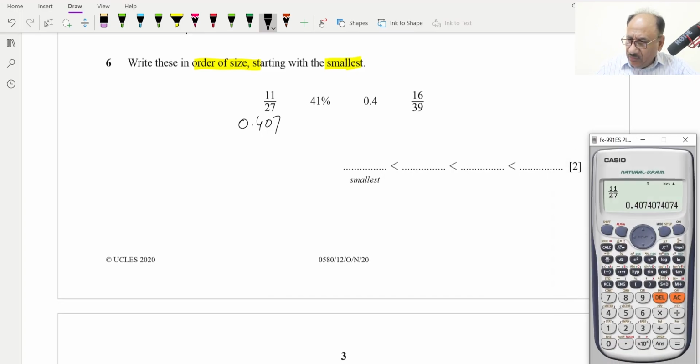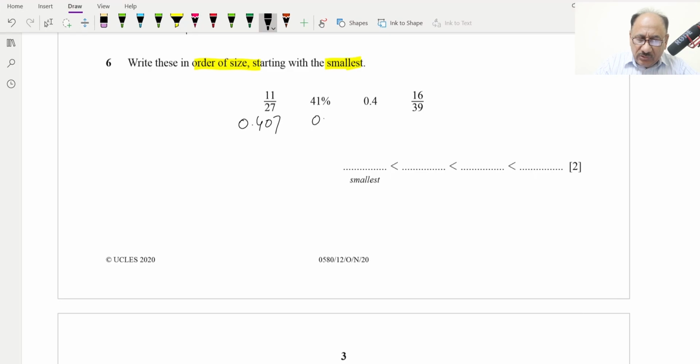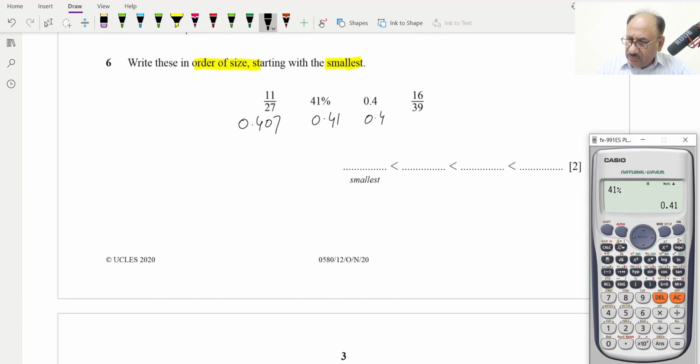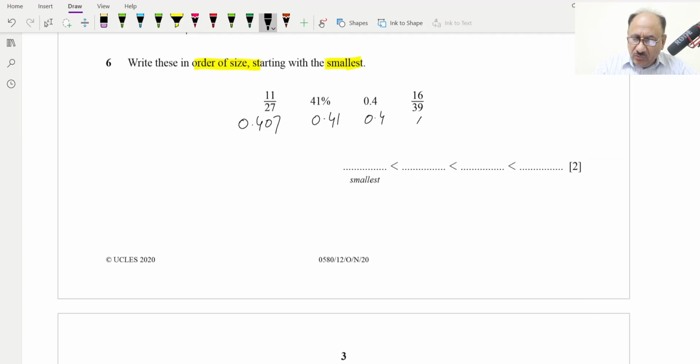And 41%, 41 percent, will be equal to 0.41. So this is 0.41, and 0.4 is already given in decimal, and the last number is 16 over 39, which gives us the value 0.4105.